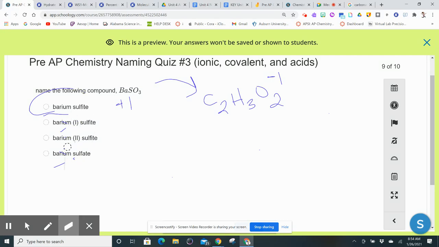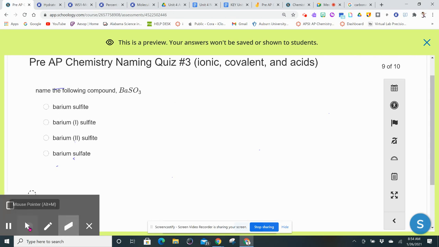All right. So here's another one. BaSO3. So do I have a metal? Yes, I do. Is it a transition metal?